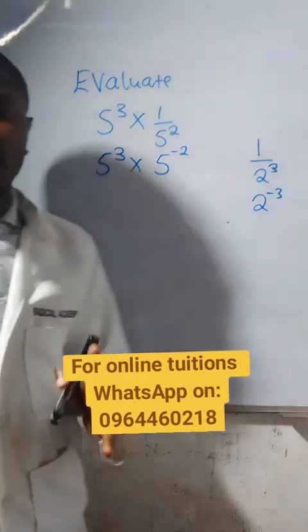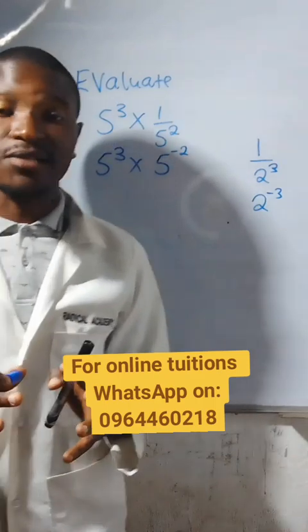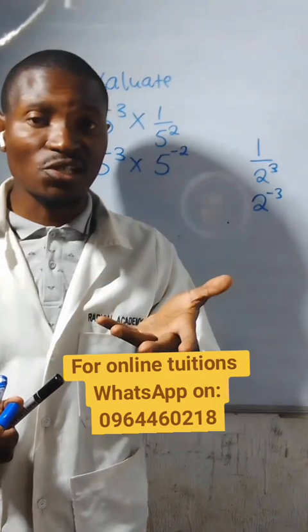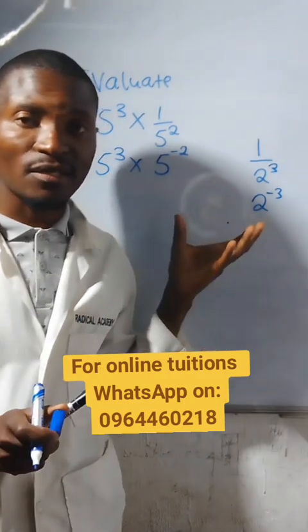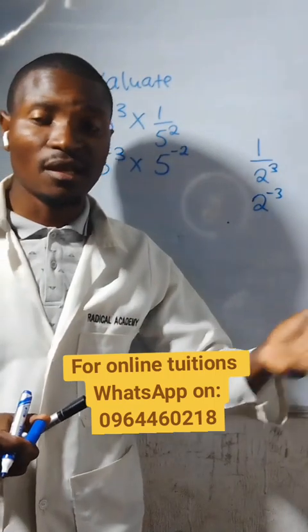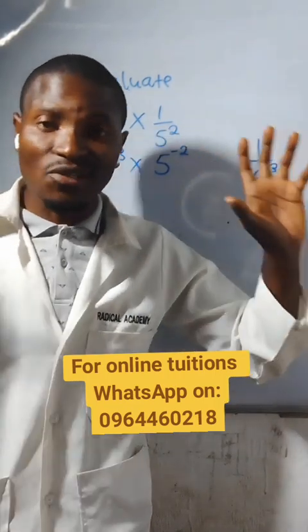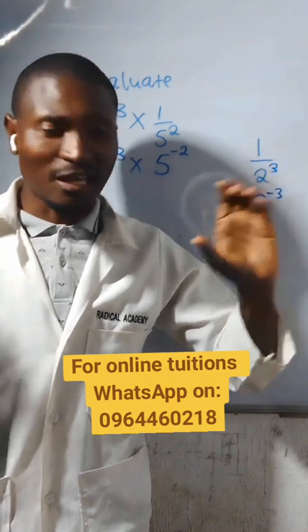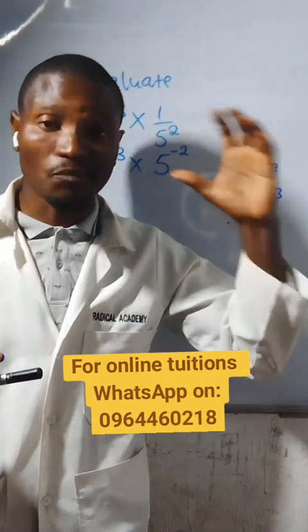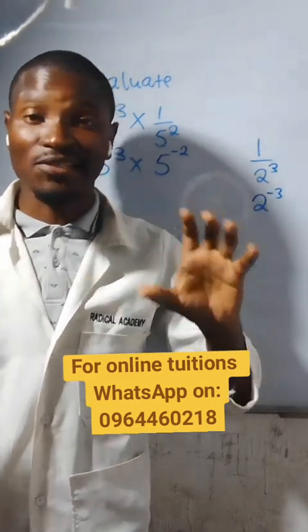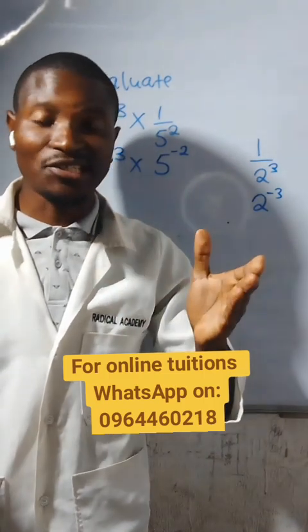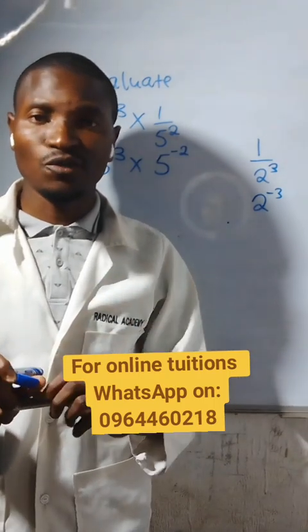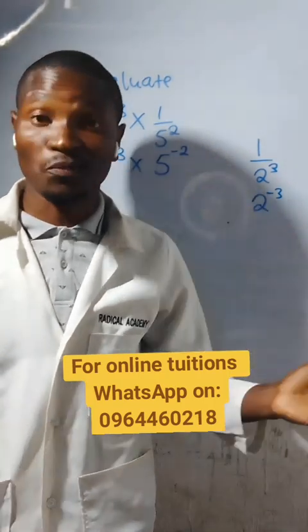Now, the laws of indices say that if you have the same bases and you are multiplying numbers, in this case 5 times another 5, regardless of the powers, as long as the bases are the same and there is multiplication as the mathematical operator in between, all you have to do is add the powers, as simple as that.